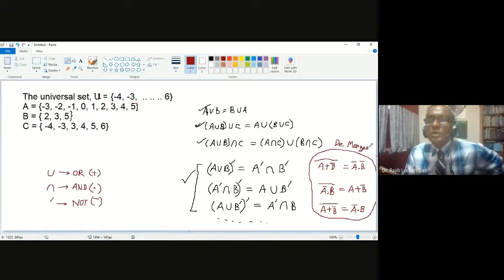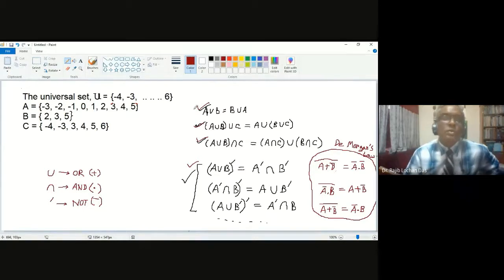And in set theory also, this is De Morgan's law, the same thing. Every one has a name, but I am not going to tell the names because name is not important. If you understand, that will be all right.